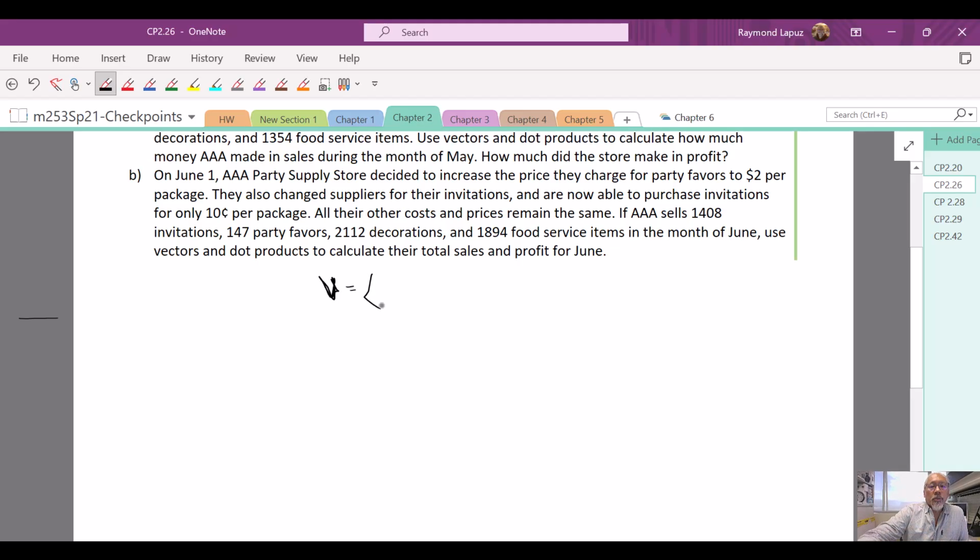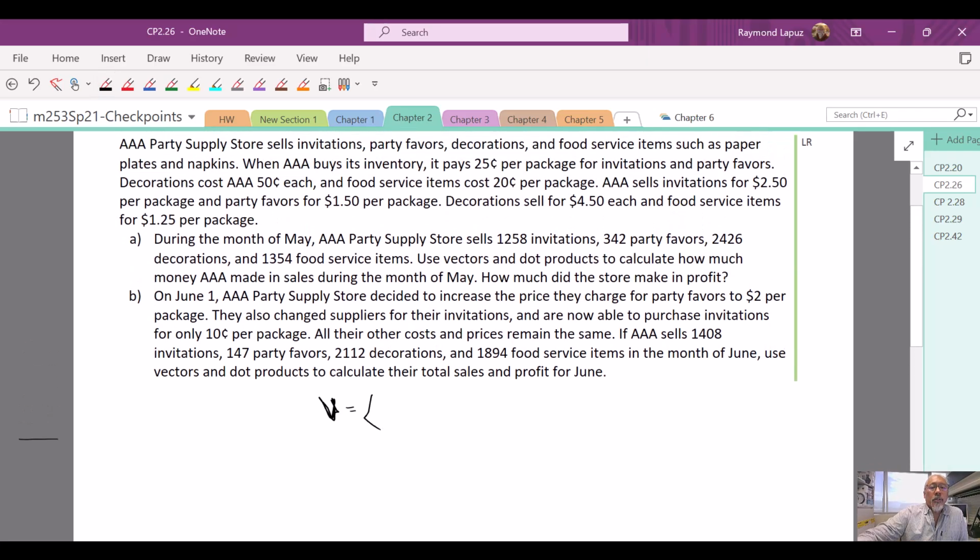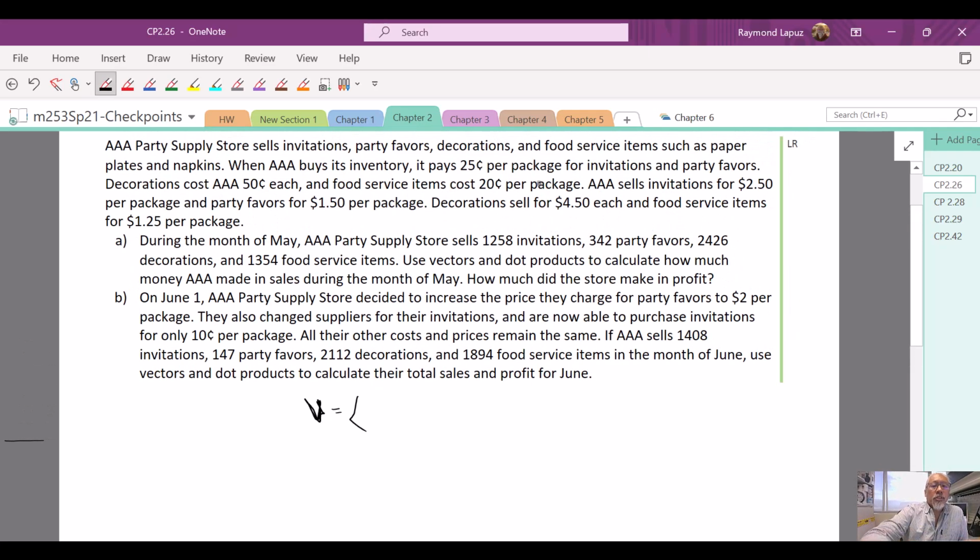The first thing we want to include, let's just go in order here: when AAA buys its inventory, it pays for invitations, so invites, party favors, and decorations, and food services.